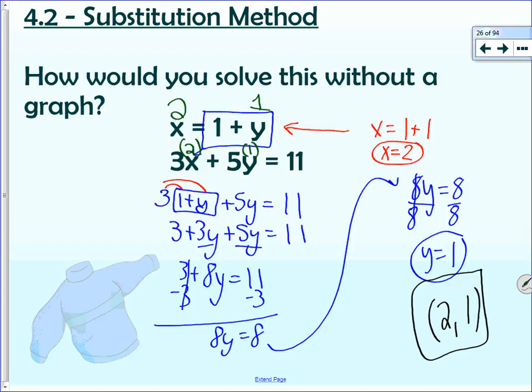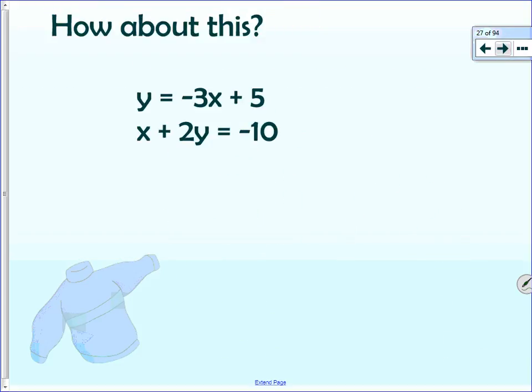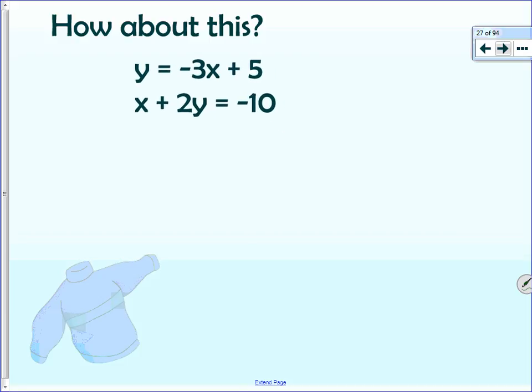Want to try again? So we have y equals negative 3x plus 5, and x plus 2y equals negative 10.